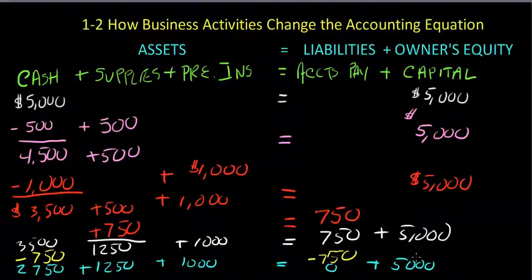And when we add this up, we have $5,000 of assets equals $5,000 of liabilities and owner's equity. Therefore, the accounting equation in this balance and our transactions work out well for us. And that concludes section 1-2.